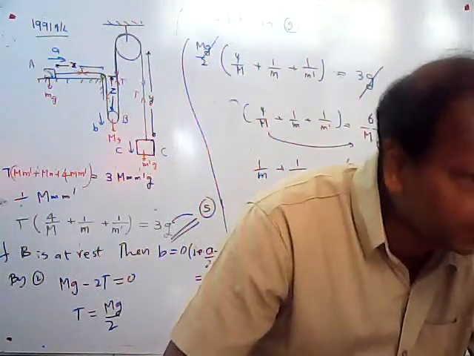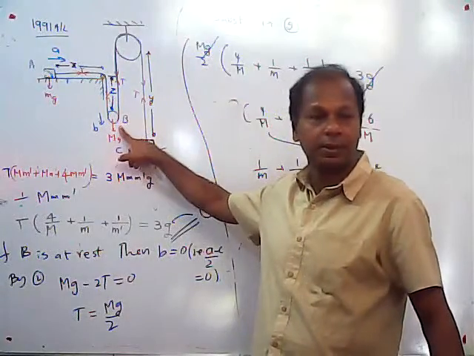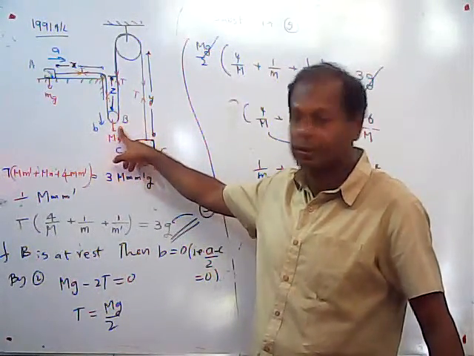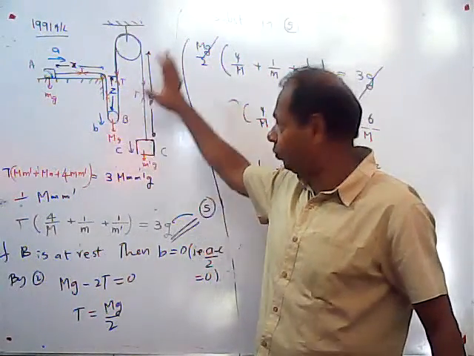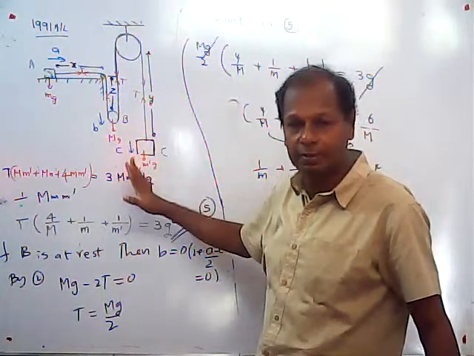B is stationary. This is stationary. You release the system from rest. Usually that's how in questions, you first keep the system at rest and then release.